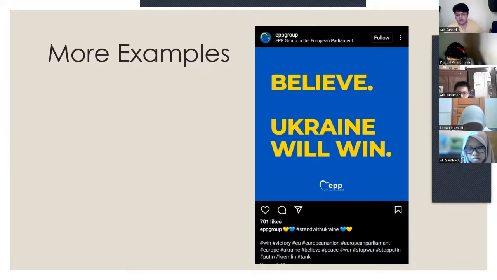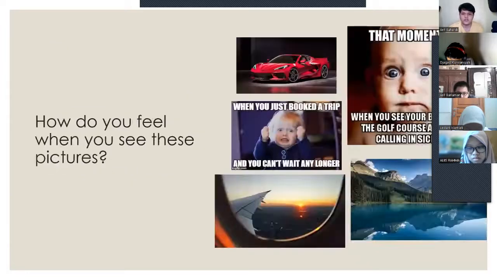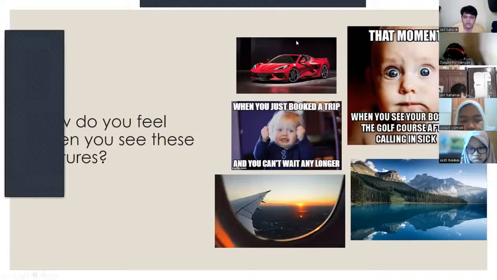So let us get back to the slide with the 5 images. We see that there are 2 images that have text in them, right? You see one of them says, "Would you just book a trip and you can't wait any longer?" Those texts can be considered captions as well.